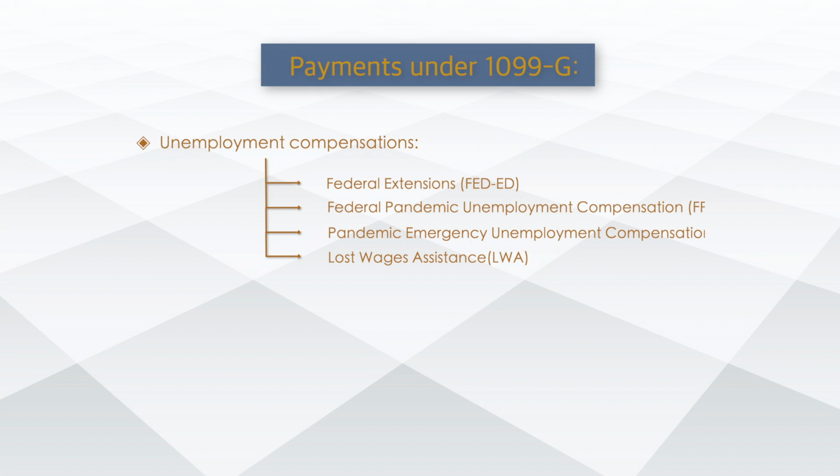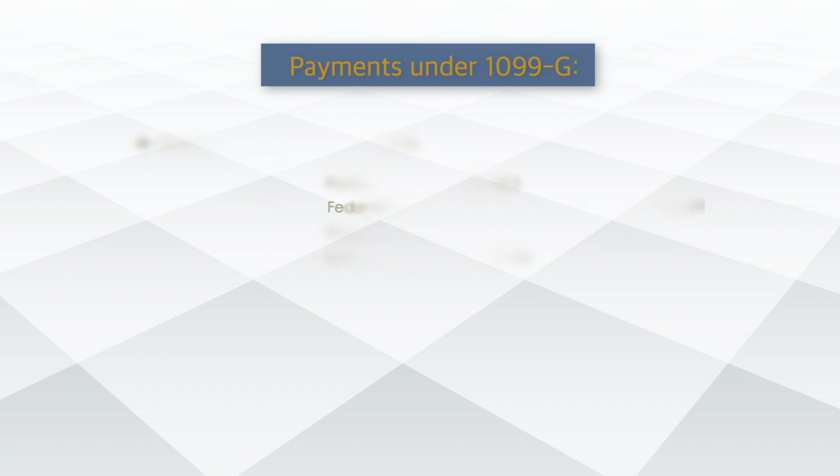Now they're all considered federally taxable income, so you will have to pay federal taxes on them, but it's a different story with the state taxes. Some states consider these benefits as taxable, while others have made them tax-free. So make sure to check with your state's unemployment office.